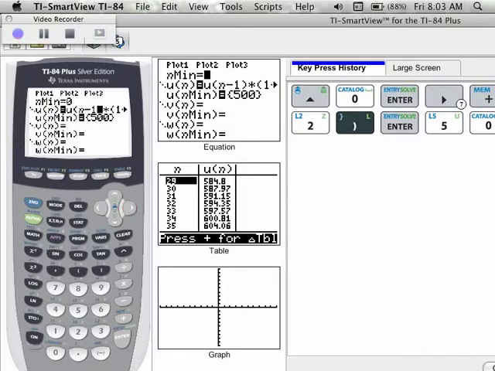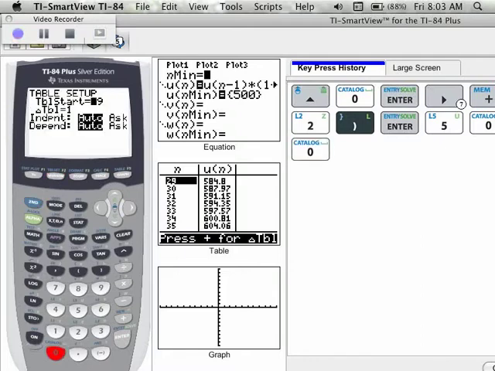If I scroll across, you can see that. That's what we talked about a little bit earlier. So now I can go into my table. I go second window. I want to start at 0 time, and then go up by every single month. So start at 0, go up 1 month at a time, auto, auto.